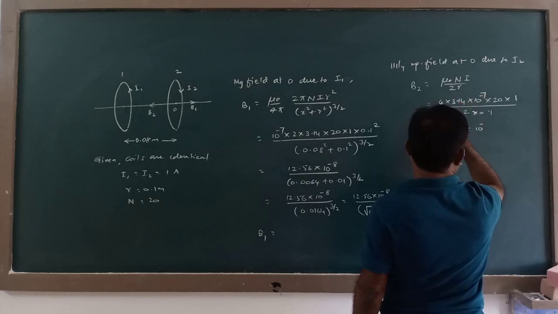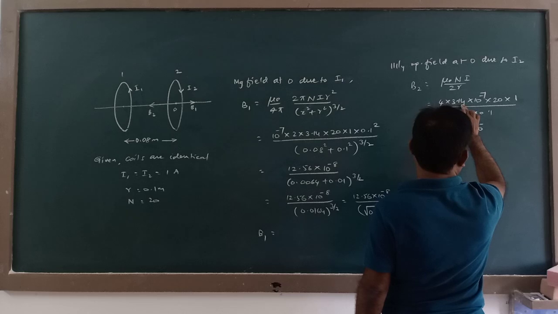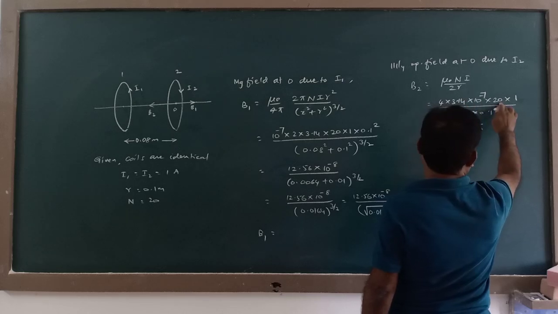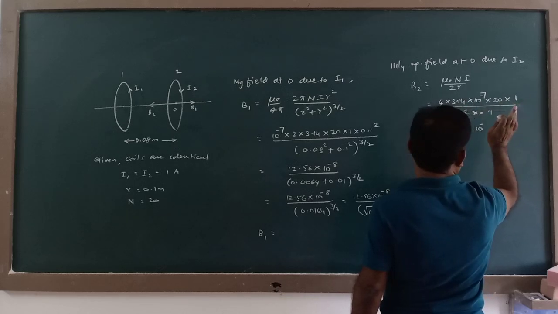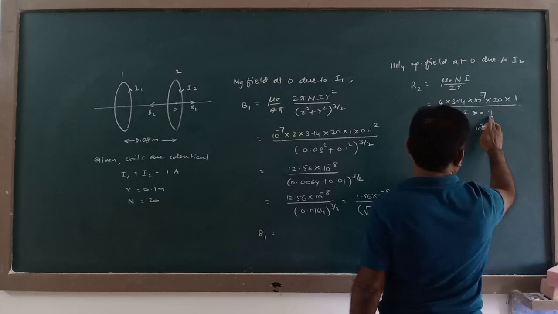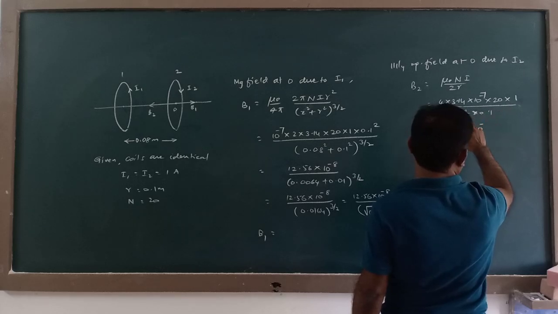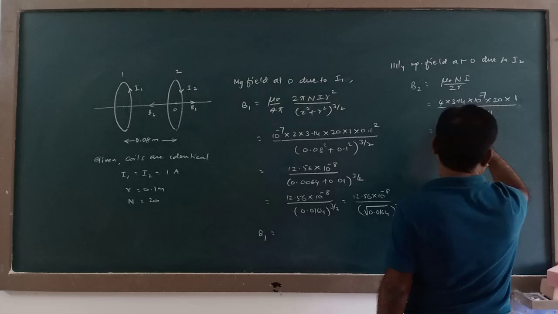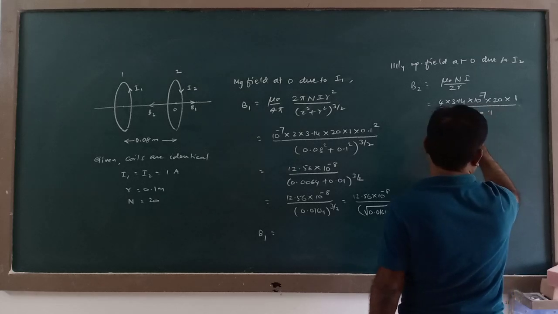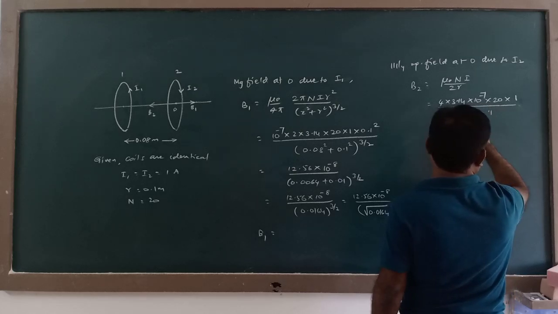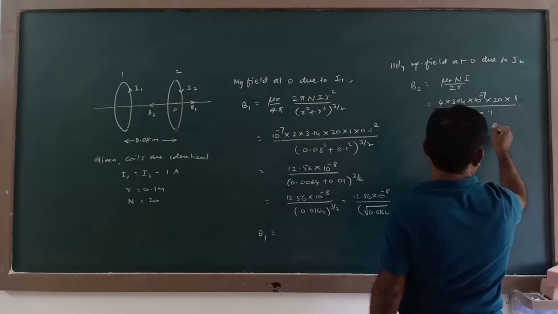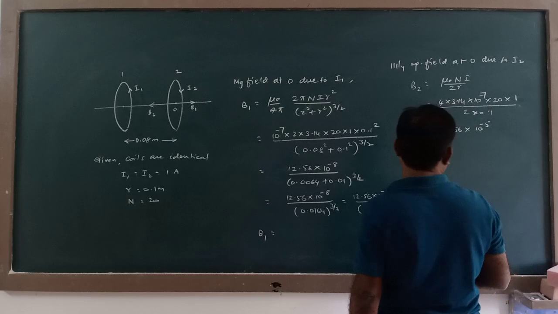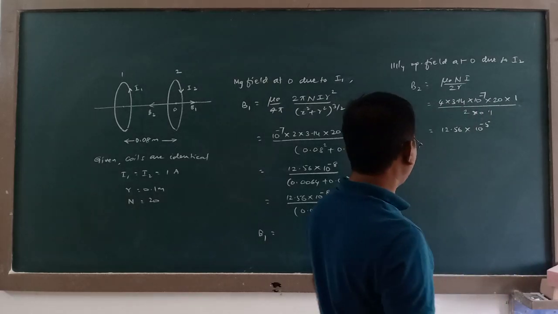Mu naught Ni divided by 2R. This will become 2.2. 0.2 means 2 in 10 to the power of minus 1. When it comes to numerator, it becomes 10 to the power of plus 1. Here already you will get 12.56 in 10 to the power of 5 Tesla.